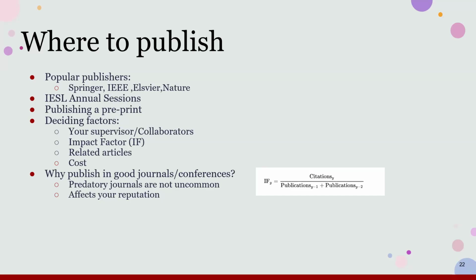So it's another scam in a way, unfortunately, but they are not uncommon. We must bear in mind that predatory journals are not uncommon, and therefore we should aim for good, reputed journals, because the venue that you are publishing with can affect your reputation.